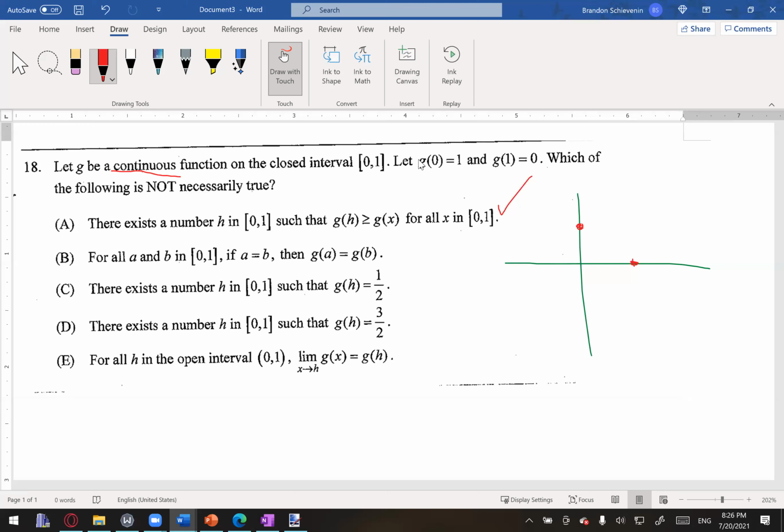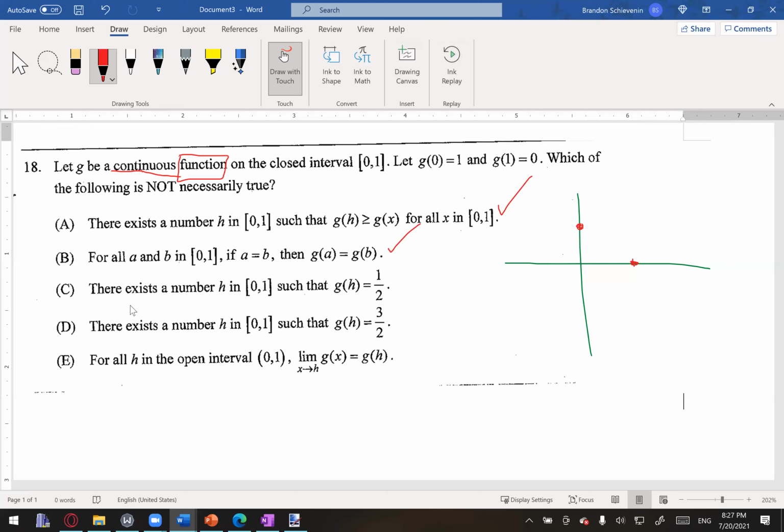So at the same x value, do we have the same y value? Yes. By definition, a function is an equation that has only one y value for every x value. So this one is also true.